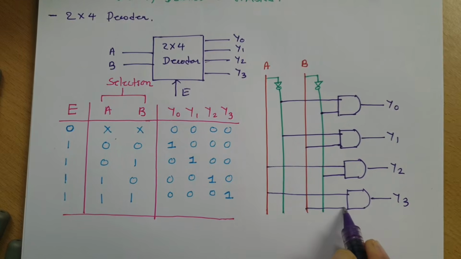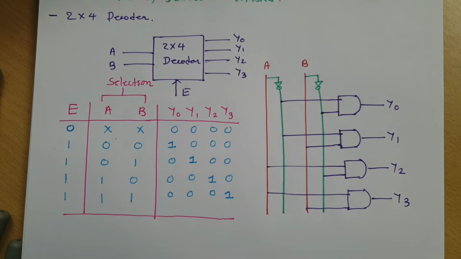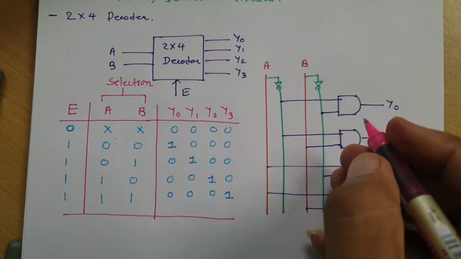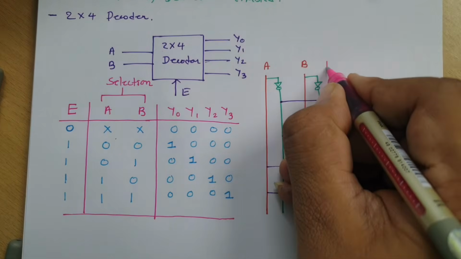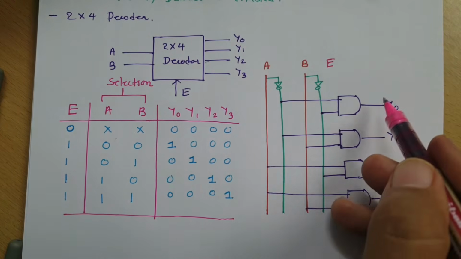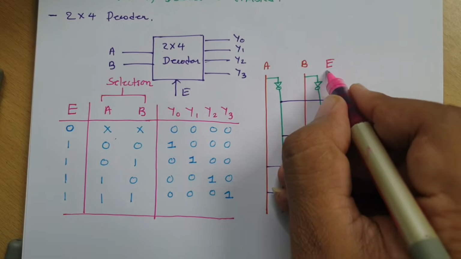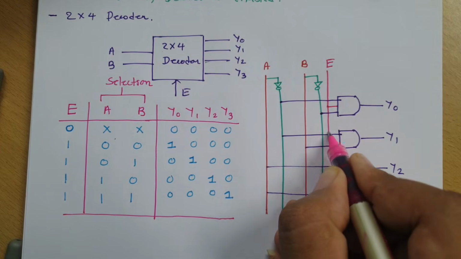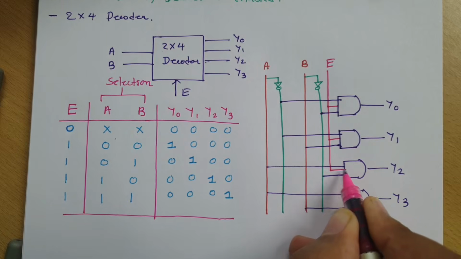So this is A and this is B. See, this is how I can select Y0, Y1, Y2, Y3. And here, a very important terminal that we should not forget is the enable terminal, and it should be high to have this selection. So here I need to connect enable with all gates.